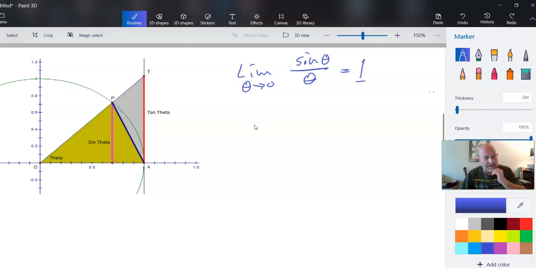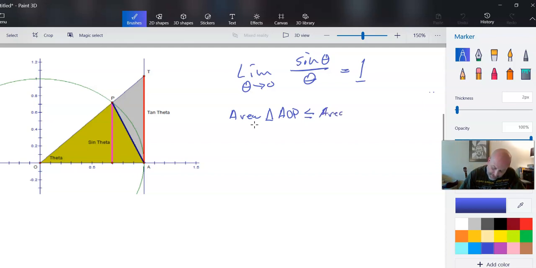Okay, so those are the three areas, and we have everything marked here. So that means the lower area is the area of triangle AOP. The sector here, right? We have sector AOP.